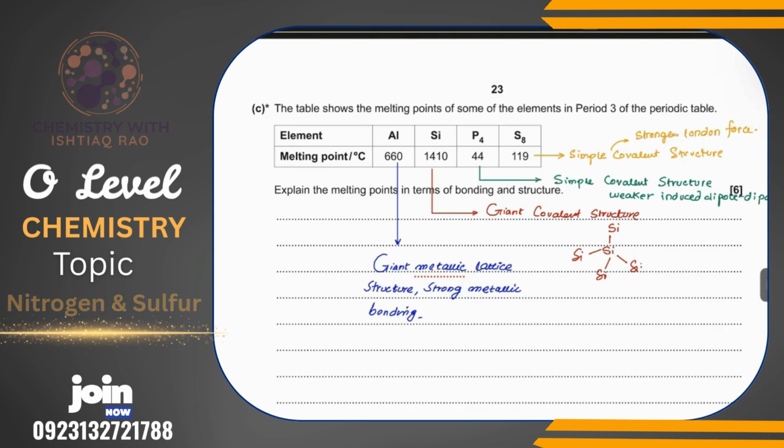So that's why the melting and boiling point of sulfur would be higher than that of phosphorus. That's the comparison between the melting points from period 3 between metal and the non-metal. Silicon is somehow different. It's a giant covalent structure.